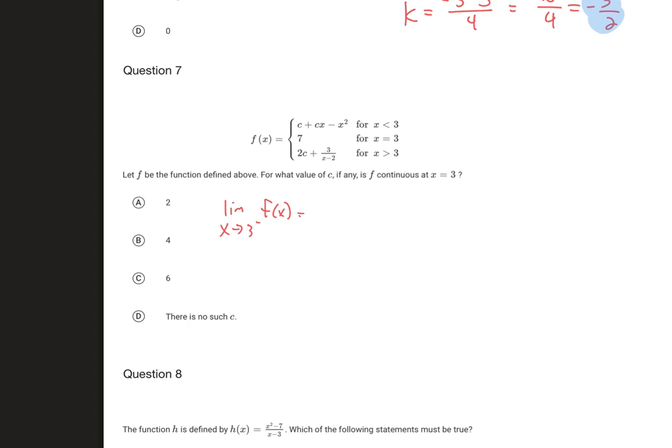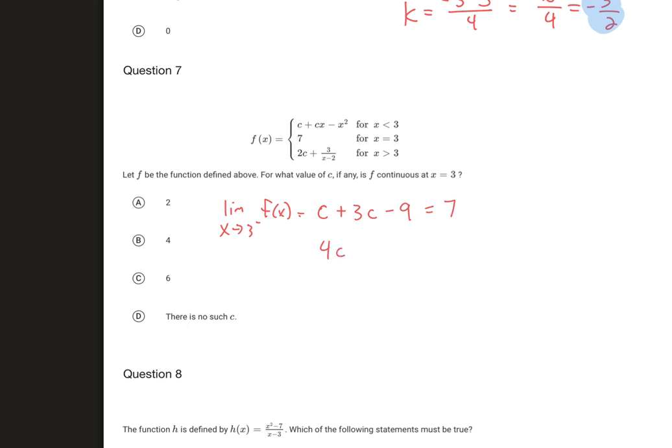Okay, and then that'll be just plugging in 3 into that. So that'll be really c plus 3c minus 9. Okay, and then that has to equal 7.